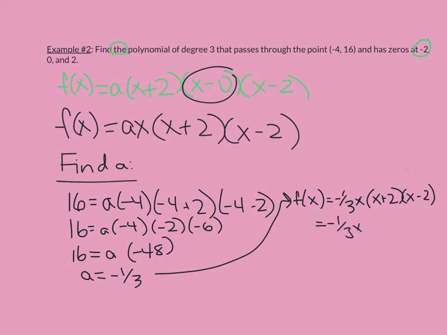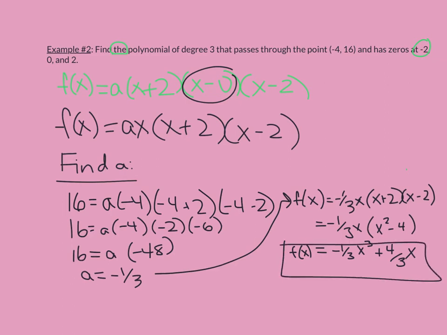You might notice that x plus 2, x minus 2 is a difference of squares, so we get x squared minus 4. And then if we simplify the whole thing out, we multiply x squared and 4 by -1/3 x. I just end up getting -1/3 x cubed plus 4/3 x.